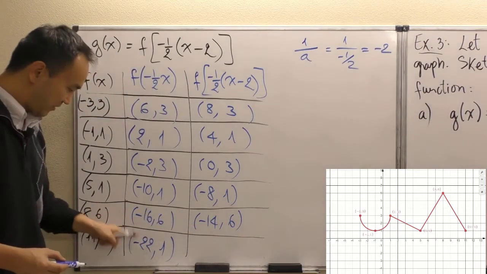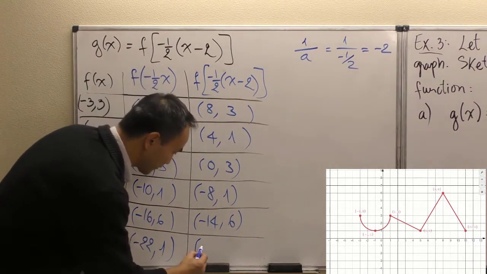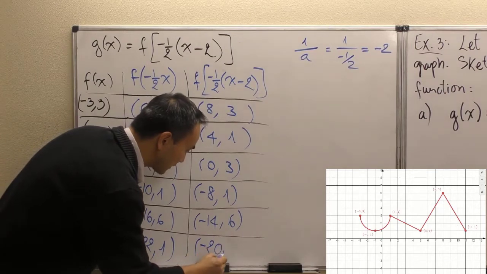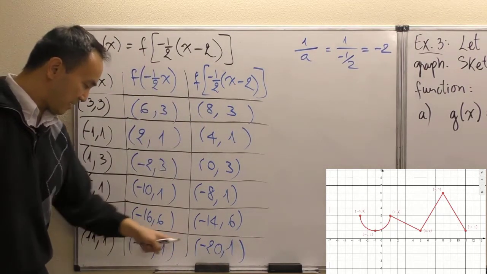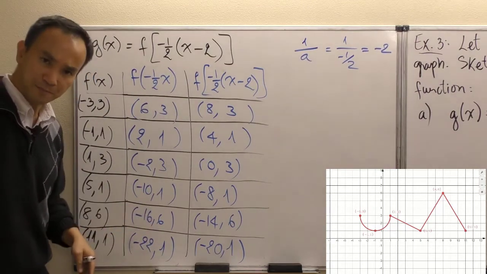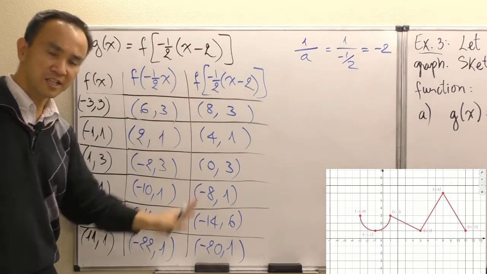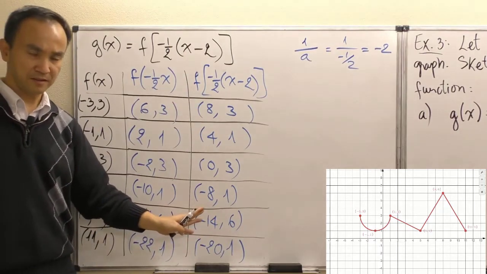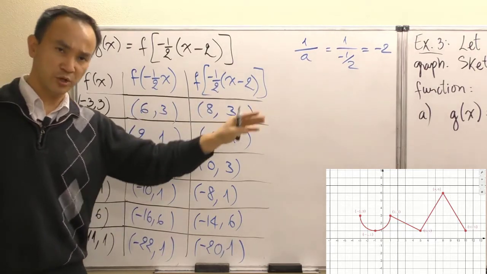For the last one, negative 22 comma 1 is transformed into negative 20 comma 1, after negative 22 plus 2. Now this is our final list of all the transformed guiding points after 2 steps of transformations.